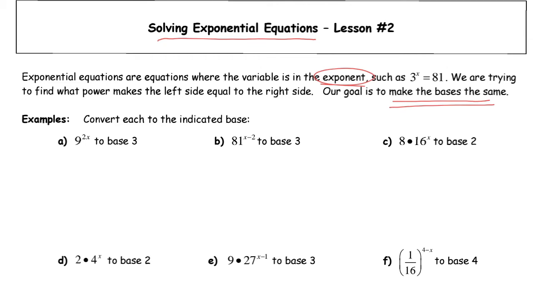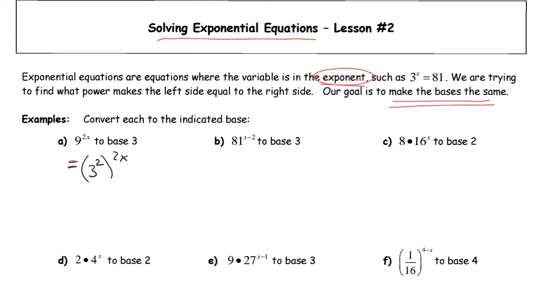Okay, this is 9 to the 2x. To start off, I'm going to change colors. I don't want to write the 9 anymore, so I'm going to replace the 9 with a power of 3, but it's still all to the 2x. 9 is going to be 3 squared.